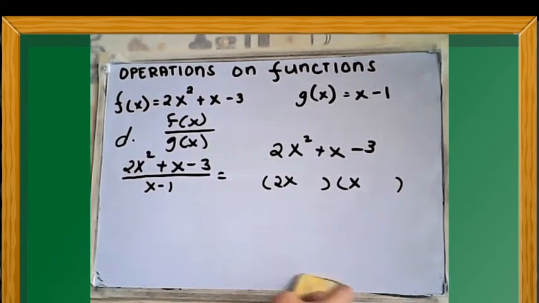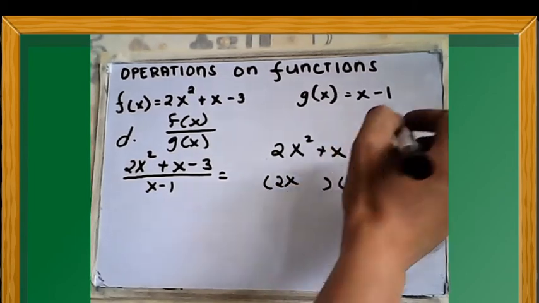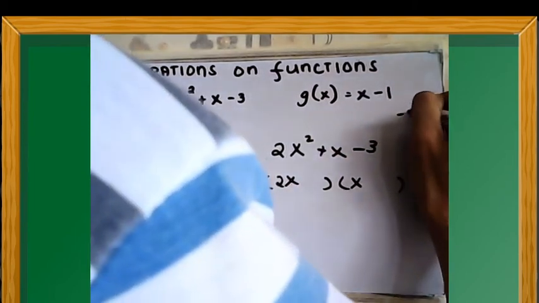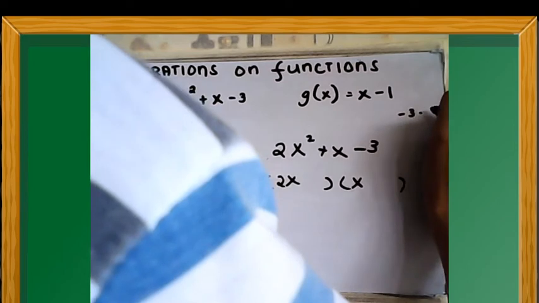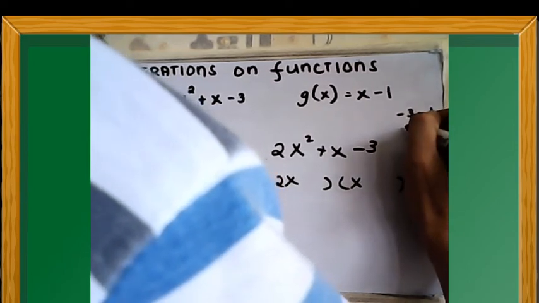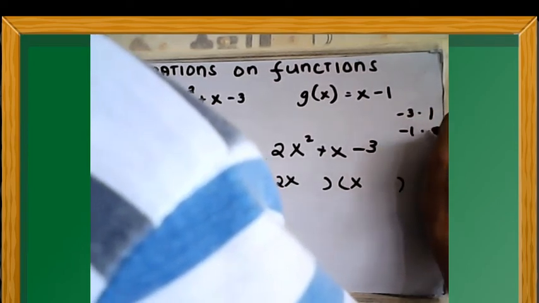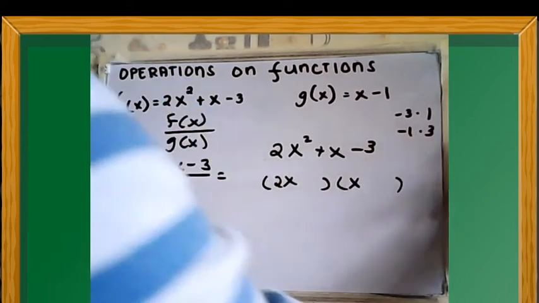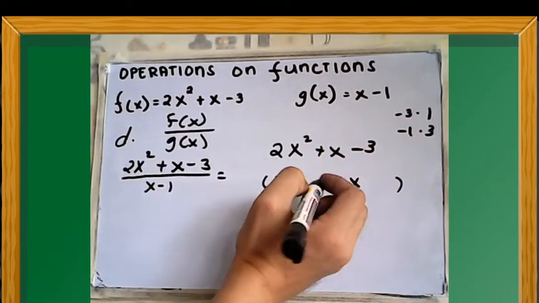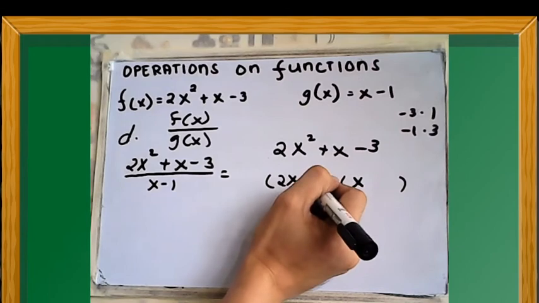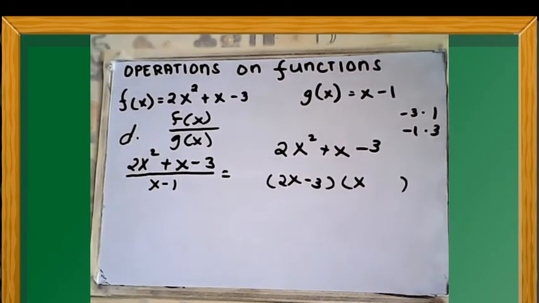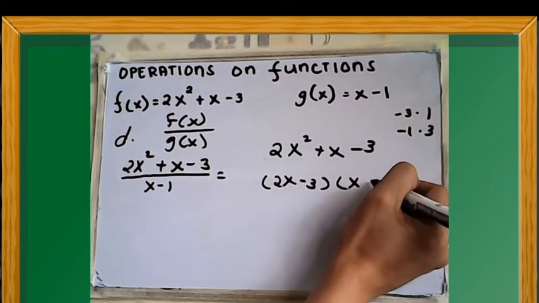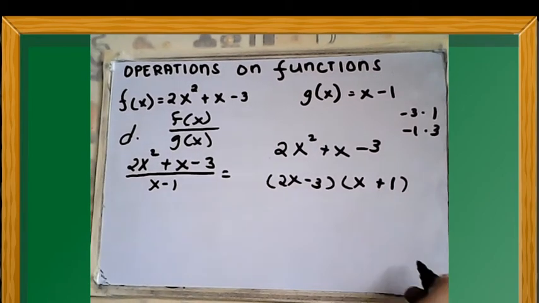So let's start with negative 3 multiplied by 1 or negative 1 multiplied by 3. Unahin natin si negative 3. So lagay natin dito yung minus 3 and ito, positive 1. I-check natin.